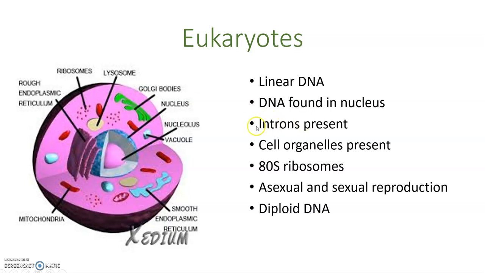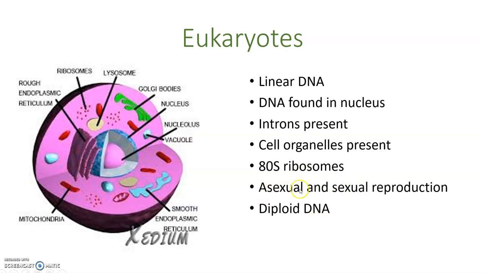Another difference is that eukaryotes have introns, while in prokaryotes introns were absent. And we have already mentioned the type of ribosome. 80S ribosomes are found in eukaryotes while 70S is in prokaryotes.